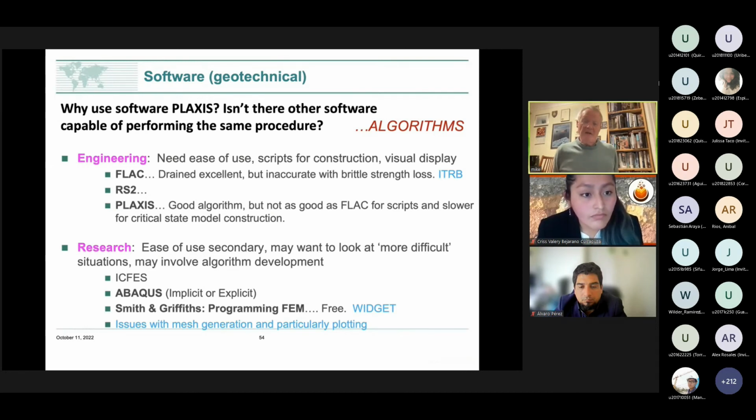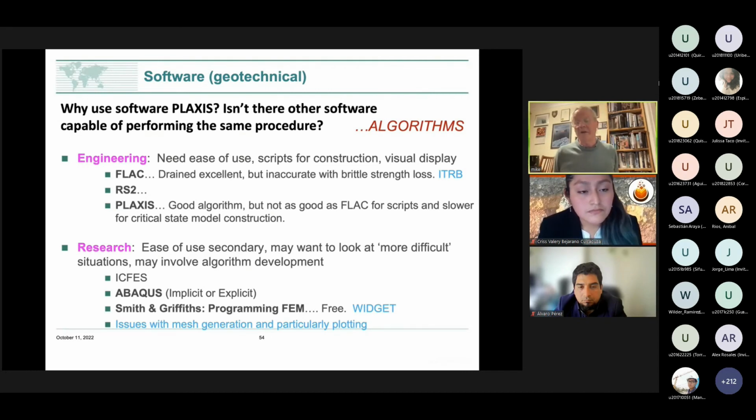Smith and Griffiths wrote a book, Programming the Finite Element Method, and there's a lot of software that accompanies that book, and it's all free. You can just download it, and they're very, very good programs. The widget, which I described for how we compute CPT calibration, is actually a subset of the Smith and Griffiths code.